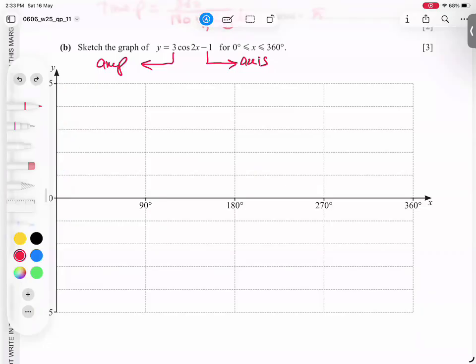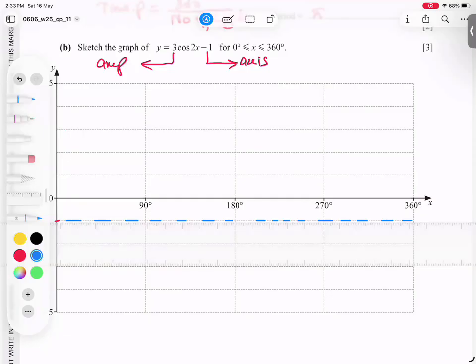So -1, it means 1, 2, 3, 4, 5. So one box is 1. So -1 here, this is the axis. If I draw this line here, this blue color line is behaving like the axis. This is the axis, and now I'm going to do the graph sketching.